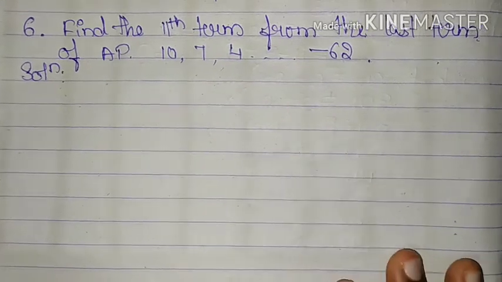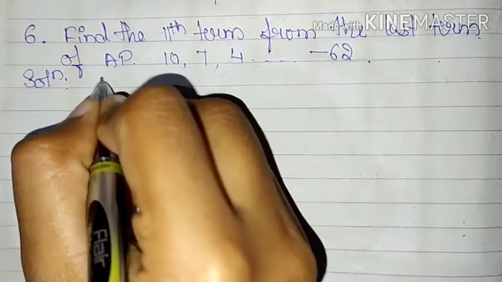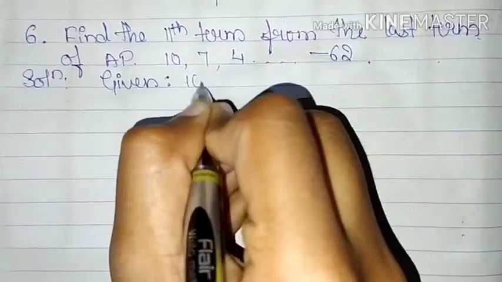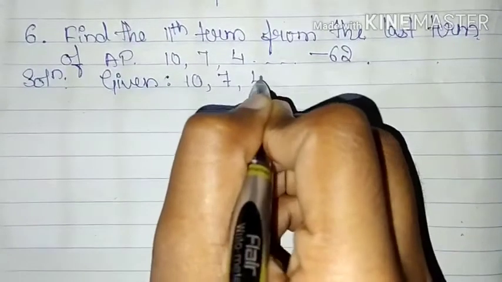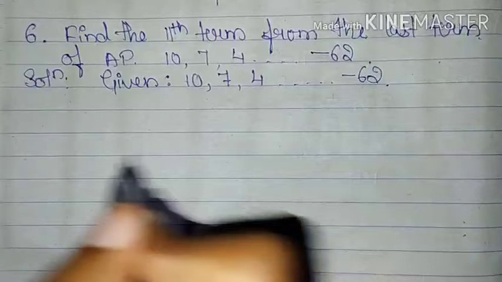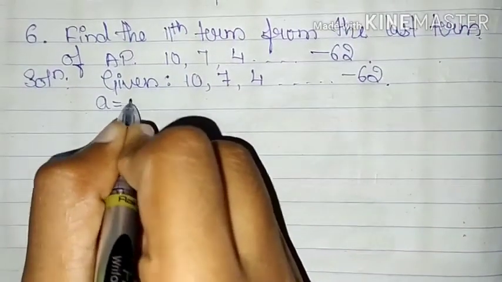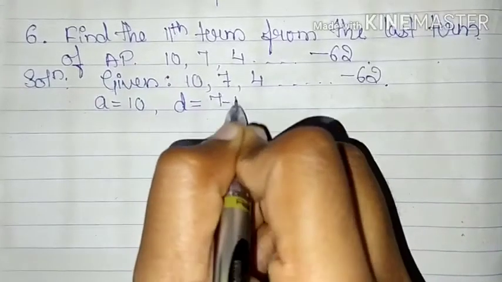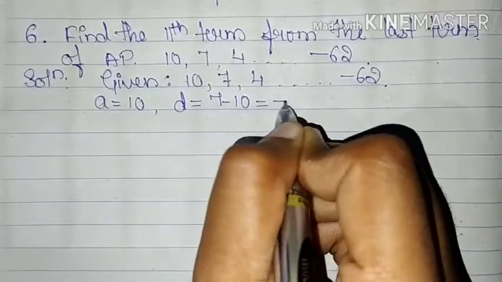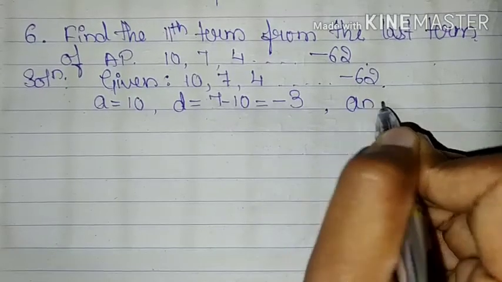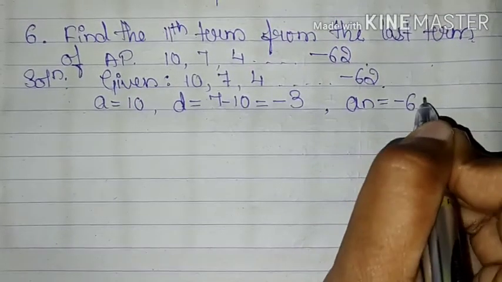So first let us write it down. Given 10, 7, 4 and so on up to minus 62. So here A is equal to 10, D is equal to 7 minus 10 which is equal to minus 3 and AN is equal to minus 62.